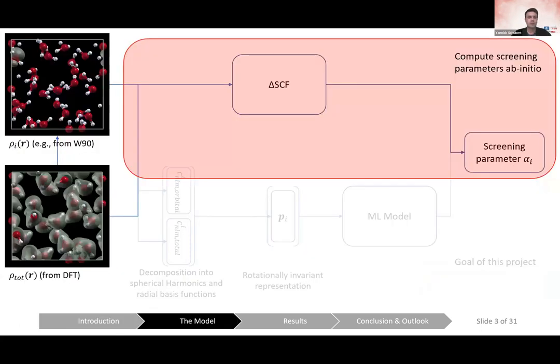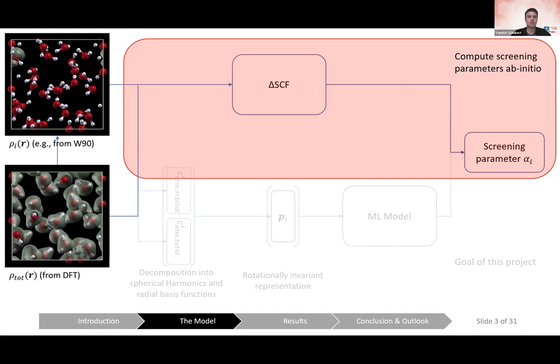So here you can see a very simplified version of the standard Koopmans workflow as Edward was presenting in the previous presentation. And as he already said, the most expensive part of the Koopmans calculation, at least for large systems, is the part where you compute the screening parameters. For example, you could use the delta SCF algorithm, where you compute the screening parameters by matching finite differences in total energies.